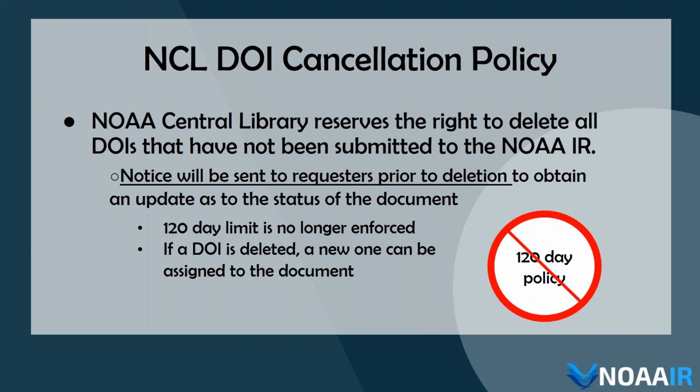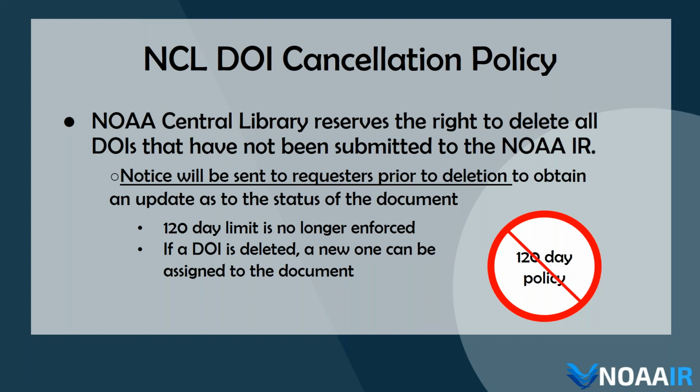So I will point out that it was not only an issue of we realized it was not realistic to have this 120-day time limit, but unfortunately on our end, we have limitations in tracking publications that are in the submission process.